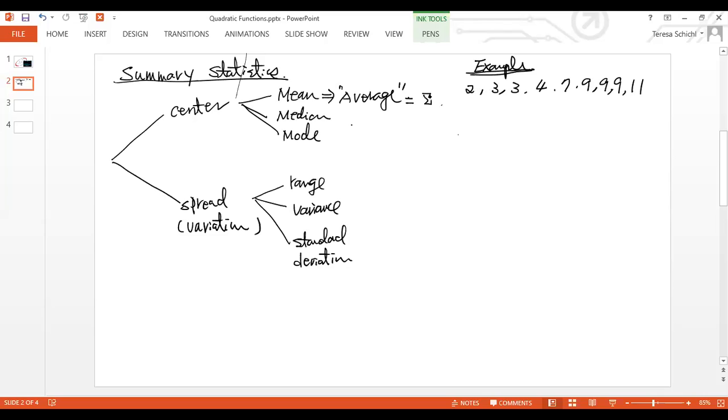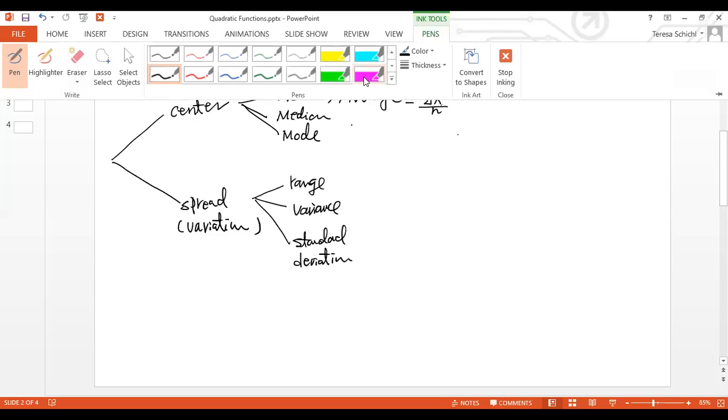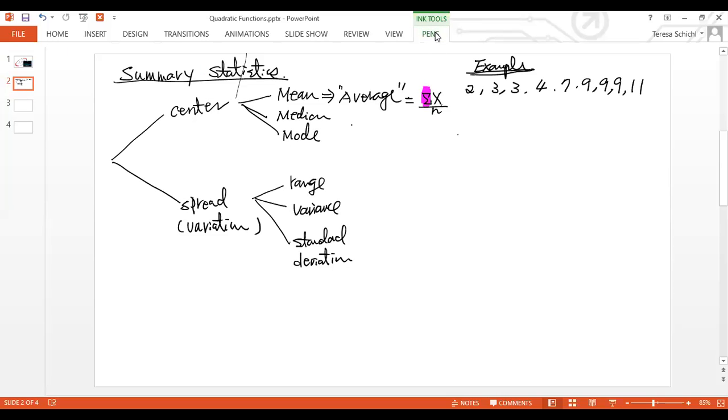You will see the notation, the summation of x divided by n. Don't get scared by this term. This is what we call a summation. That means you add all those numbers together and then see how many you have.